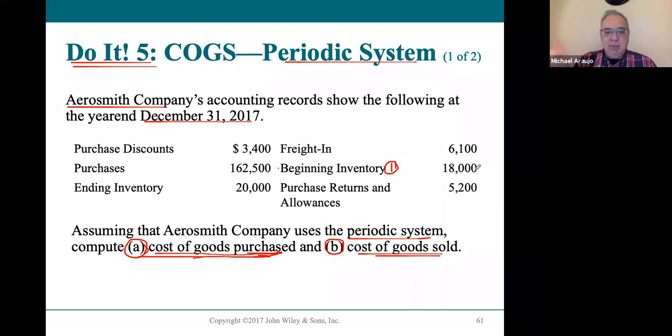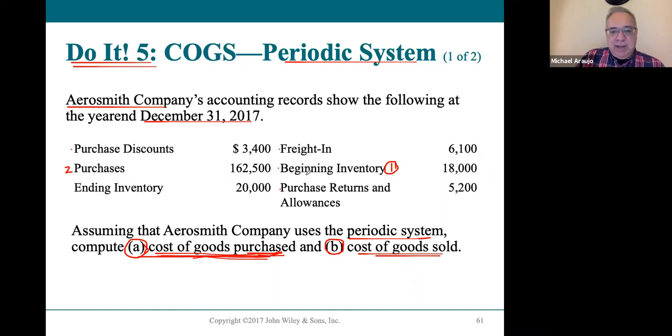That's the starting point. Step 2 is a little bit tricky, because you start with the purchases, subtract out the purchase discounts, subtract out the returns and allowances, and add the freight. That'll give you the cost of the goods purchased.